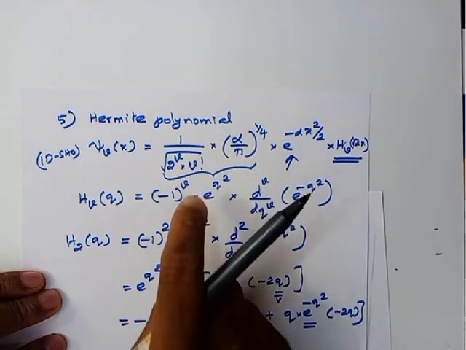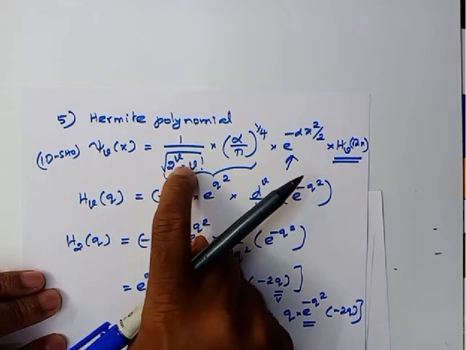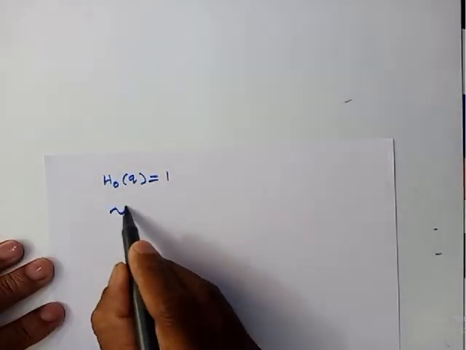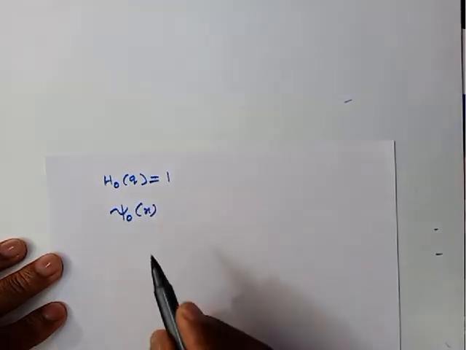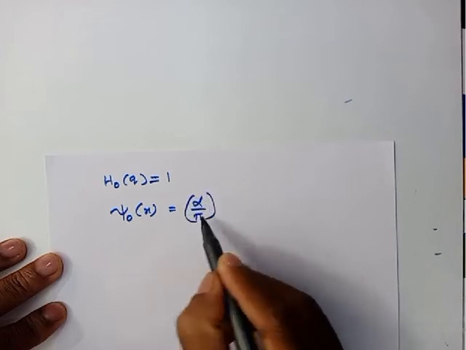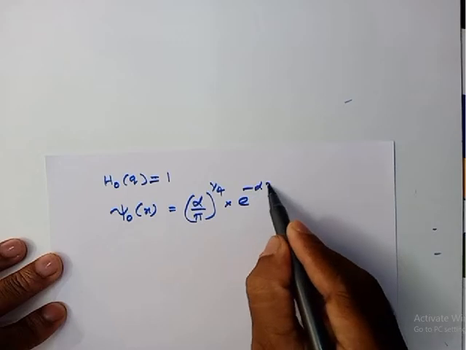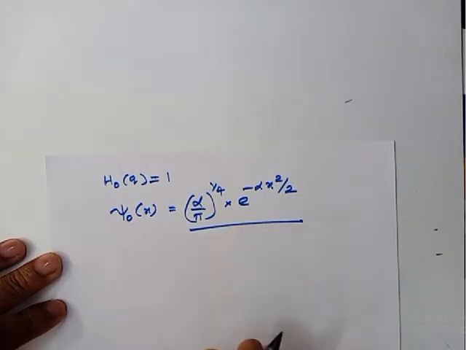And for v equal to 0, 2 power 0 is 1 and 0 factorial is 1, so this part becomes 1. So what's the wave function? The wave function for the ground vibrational state of the one-dimensional simple harmonic oscillator is alpha by pi whole power 1 by 4 into e power minus alpha x square by 2. Okay, remember this function.